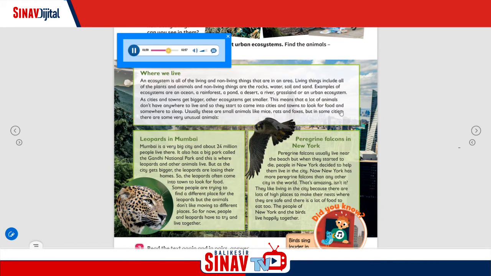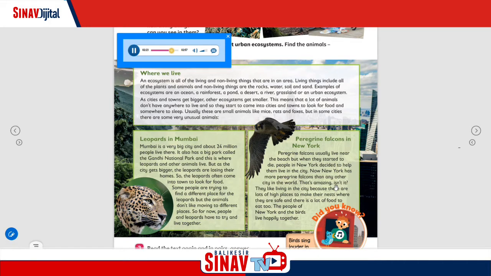Peregrine falcons in New York. Peregrine falcons usually live near the beach, but when they started to die, people in New York decided to help them live in the city. Now, New York has more peregrine falcons than any other city in the world. That's amazing, isn't it?